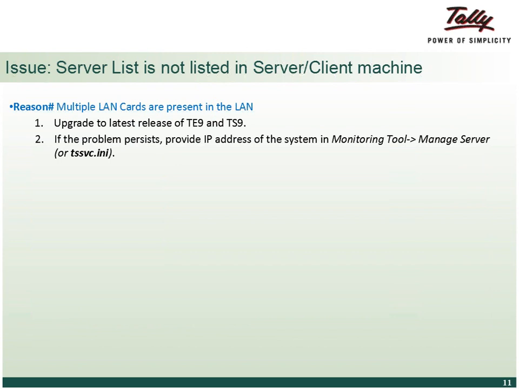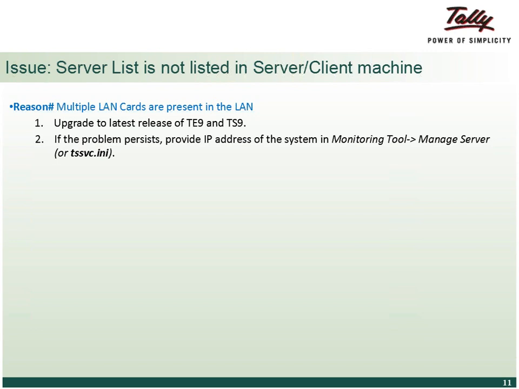And if the problem still persists, you can provide the IP address of the system under the monitoring tool under the option Manage Server or the TSS/UEC-INI file, which is present in the Tally Server 9 folder, and you can check it out. Basically here the IP address of that particular LAN should be given wherever the Tally ERP9 and Tally Server 9 license server is existing.